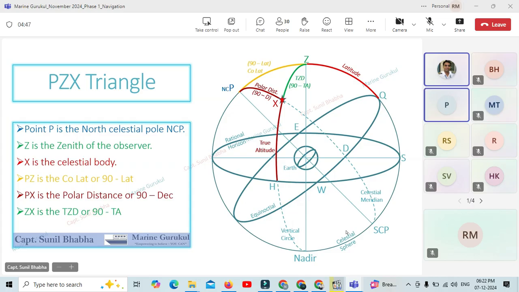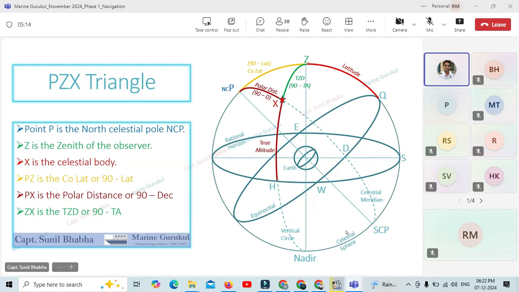There are three things, no sir. One thing we are measuring from rational horizon to zenith, that is true altitude. Second thing we are measuring from equinoctial to the pole, sir. So that is for polar distance. And third one we are using for latitude. You are right, beta.